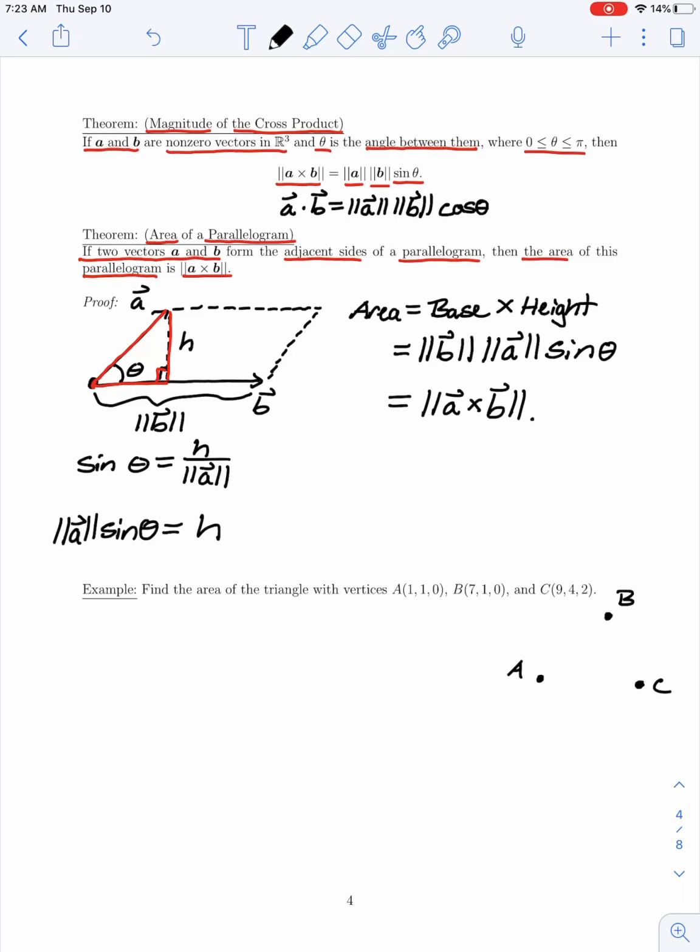If we were to consider the area of this triangle, one way that we could calculate it using this new result about the area of a parallelogram would be to consider the vectors AB and AC.